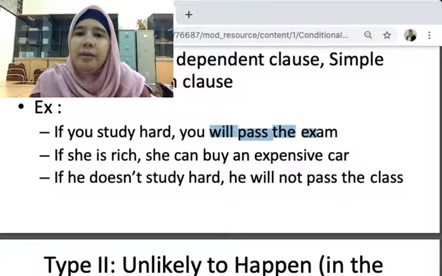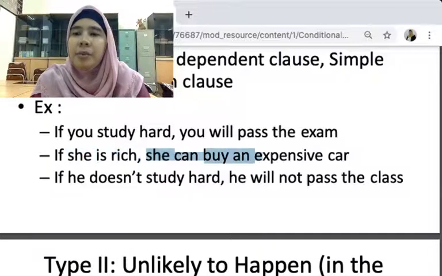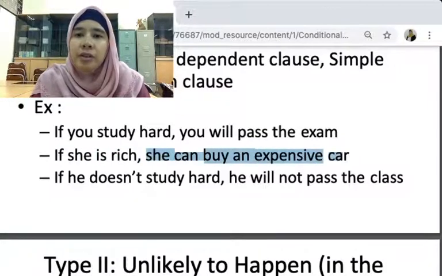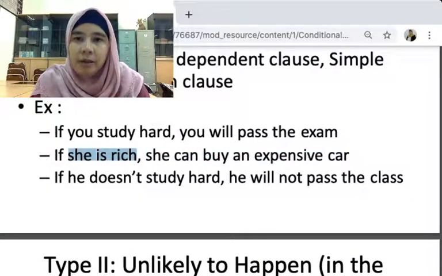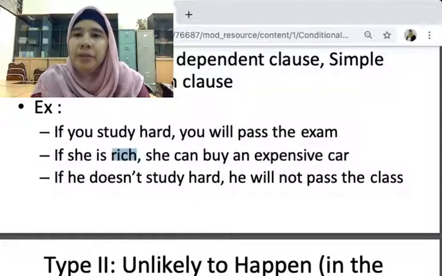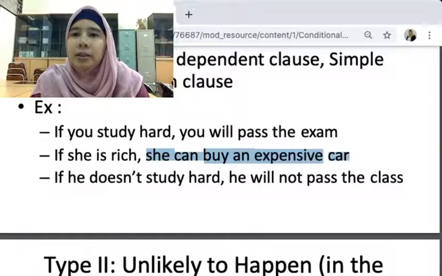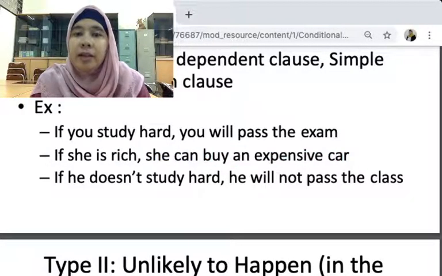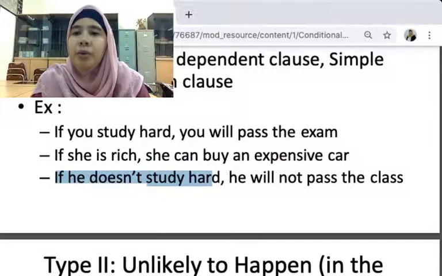Okay. Next is: if she is rich, she can buy an expensive car. "She is rich" is the simple present in the form of an adjective. "She can buy an expensive car" is the simple future. Next, if he doesn't study hard, he will not pass the class.